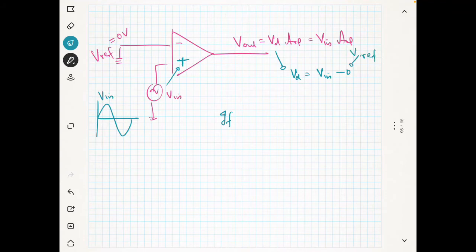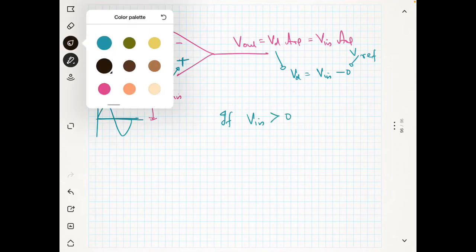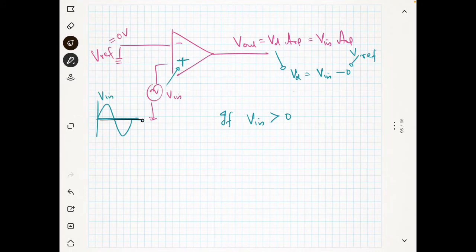Now if V in is greater than 0, this is your reference point, 0 volt, and this is the time, then VD will be greater than 0.